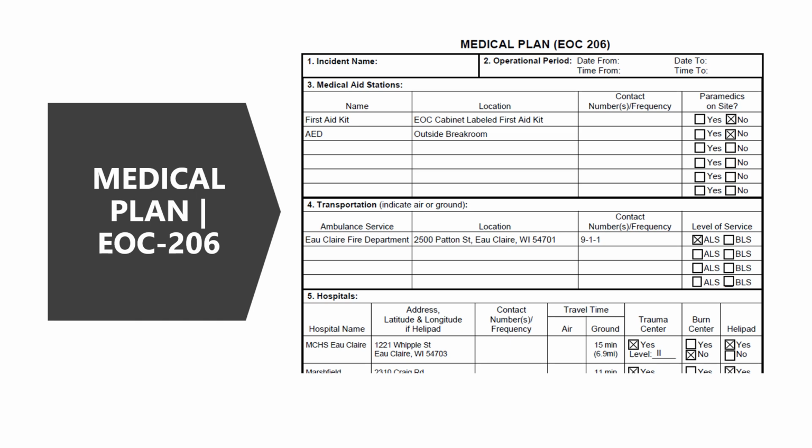So working with our EMS departments and our hospitals to fill out this plan. We do have a basic one already filled out for Eau Claire County for the EOC. That would just need to be verified that those facilities are current and they're functional at that point of time during the disaster. If not, then we would have to adjust that plan.